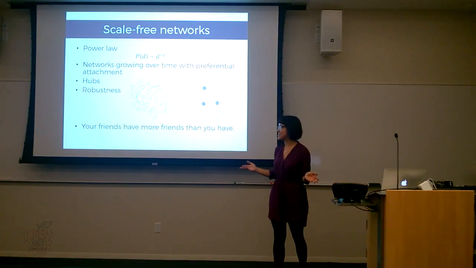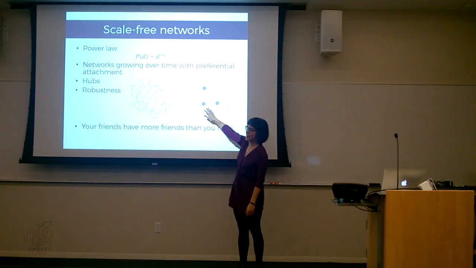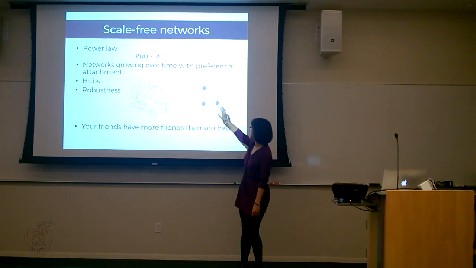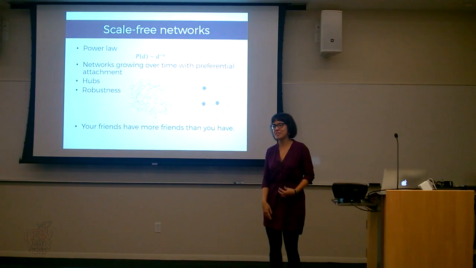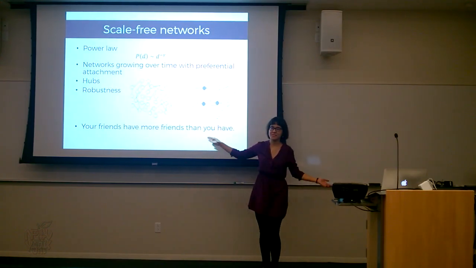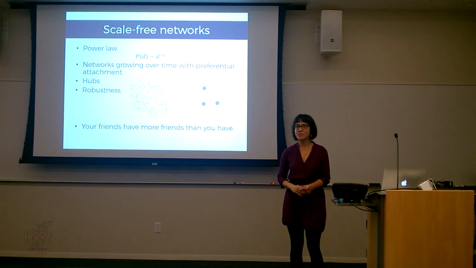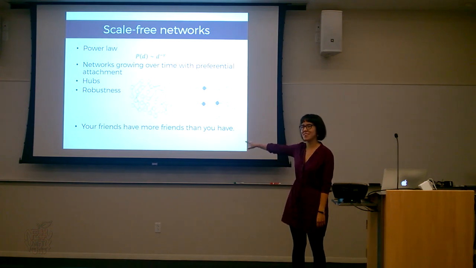I'm sorry, it's true, but it's caused by those nodes that have very high degree. Because except for those nodes, almost everyone has friends that have more friends, just because people connect to high degree nodes, that's all. But if you actually do this analysis on Twitter and look at degrees, you will find that this holds.